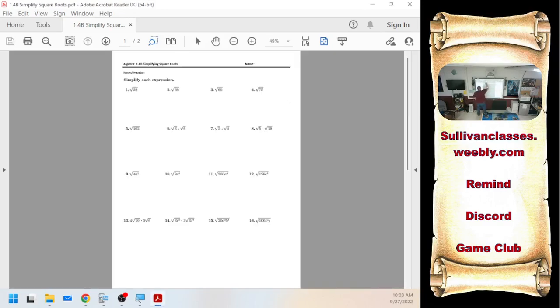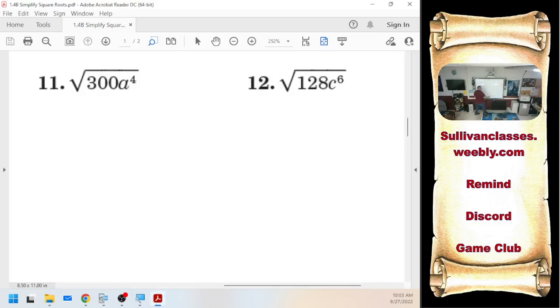But you slide on over to the right here, 300 and 128 are not perfect squares. So this is combining what we were doing last time with the square root stuff from the previous. Break them up in their pieces.